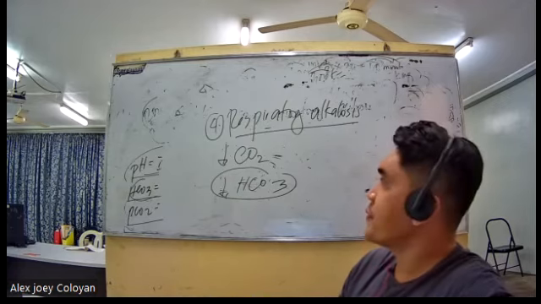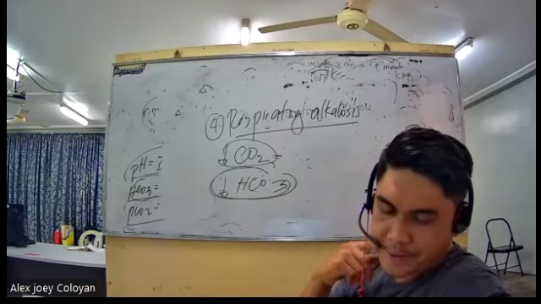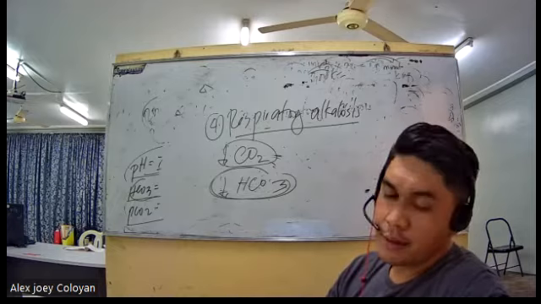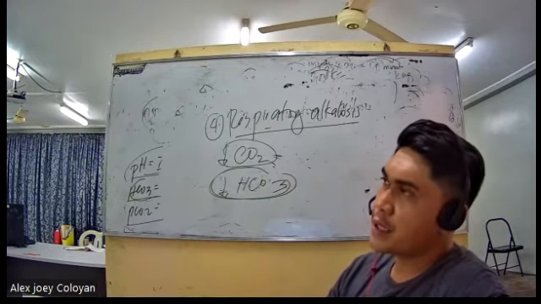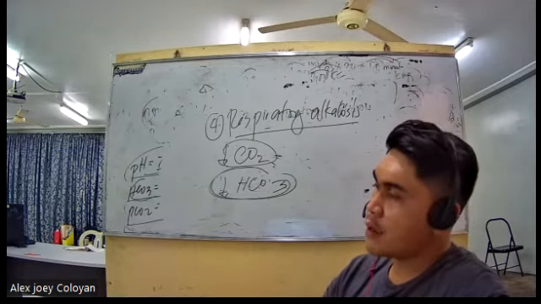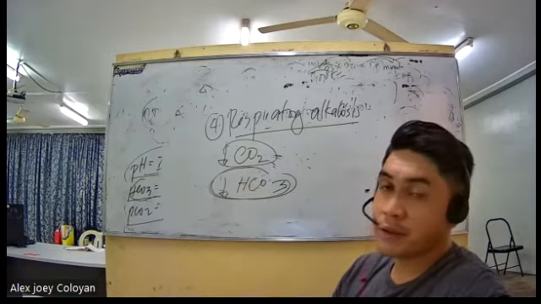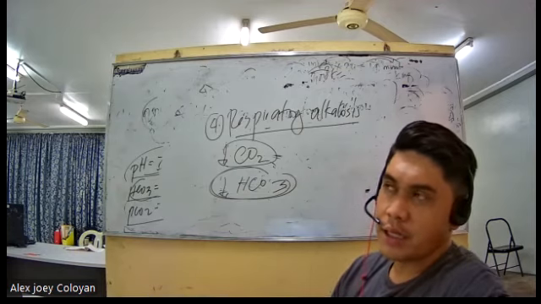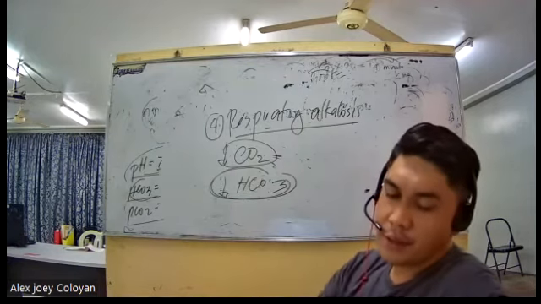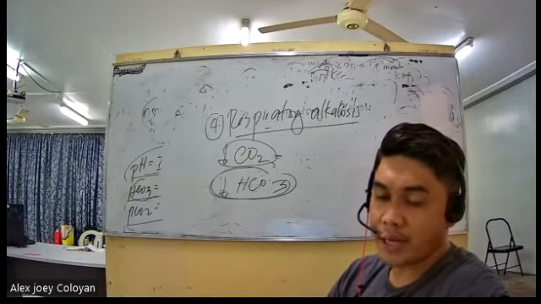So the pattern for this one, you have low PCO2, low bicarbonate, and a pH of greater than 7.4. Okay. Or if it is uncompensated, greater than 7.45. Okay. So among the 4 types of acid-base disorder, respiratory alkalosis has the most effective compensation. So within 2 to 3 days, you have fully compensated respiratory alkalosis.